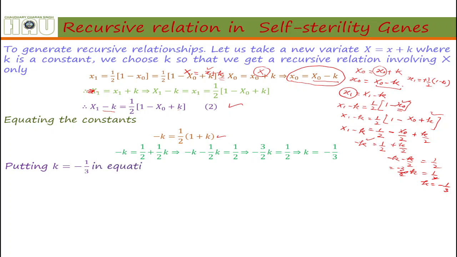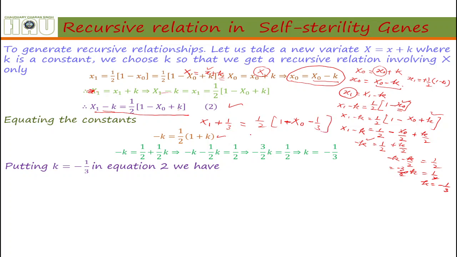Now putting the value of k is equal to minus 1 by 3 in this equation, if you put k is equal to minus 1 by 3, then what will you get? It is very simple. So X1 plus 1 by 3 is equal to, say, half of 1 minus, again plus 1 by 3. No, sorry, x0 is not there. So it is minus X0 minus 1 by 3.